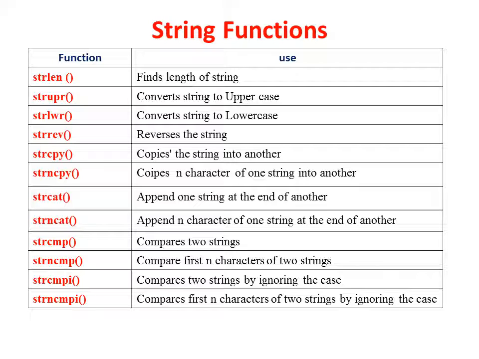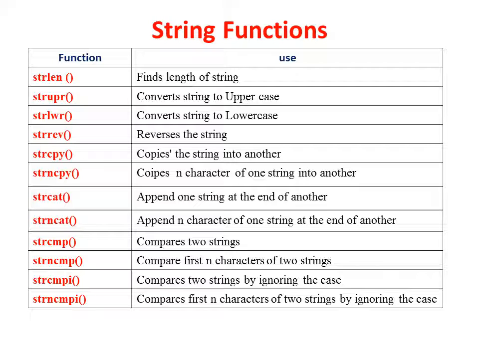Next one is strcat. Cat is for concatenation. When we want to add two strings, we have to use the strcat operation. Similarly, if we are interested in adding only a few characters from another string, we have to use strncat, with n for the number of characters. Next is strcmp.